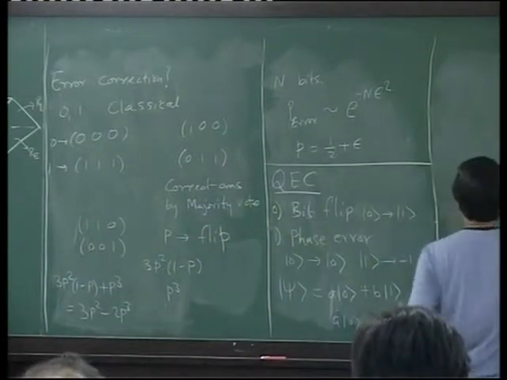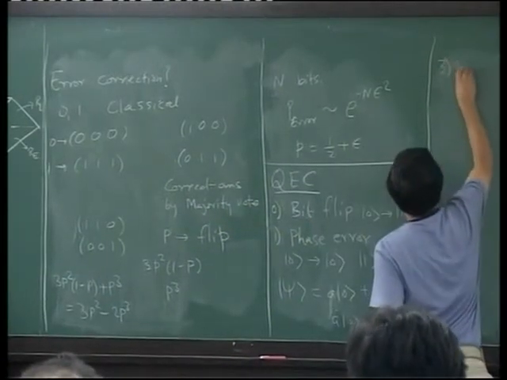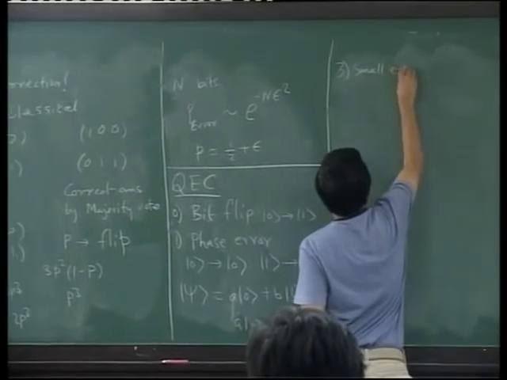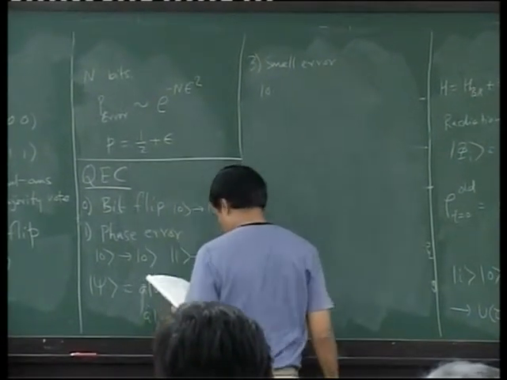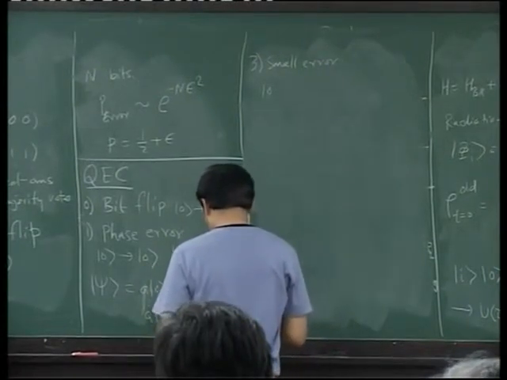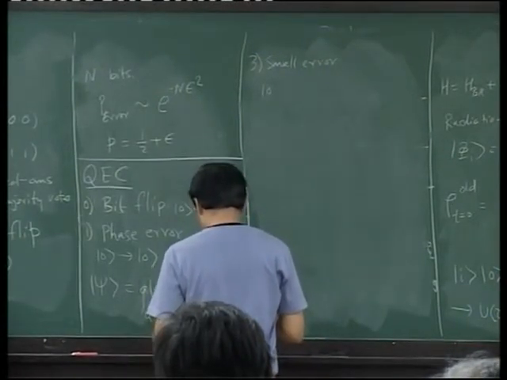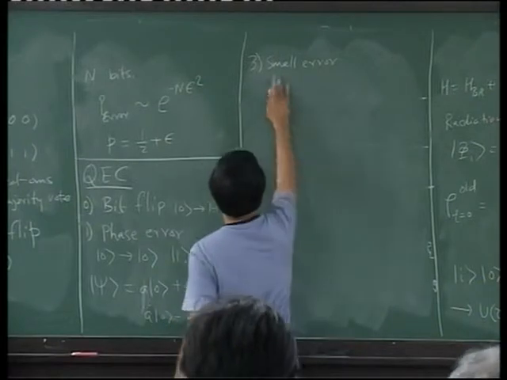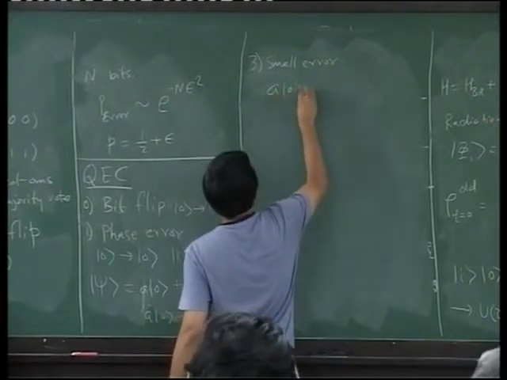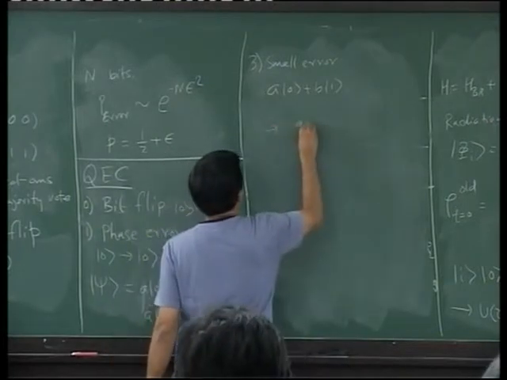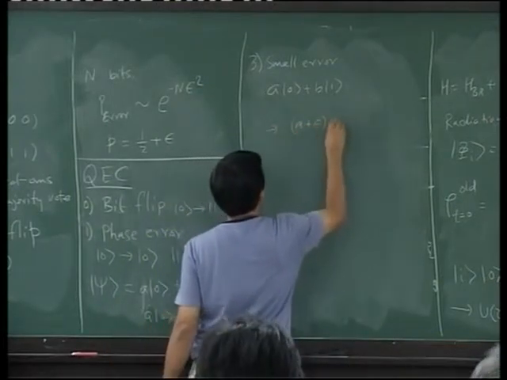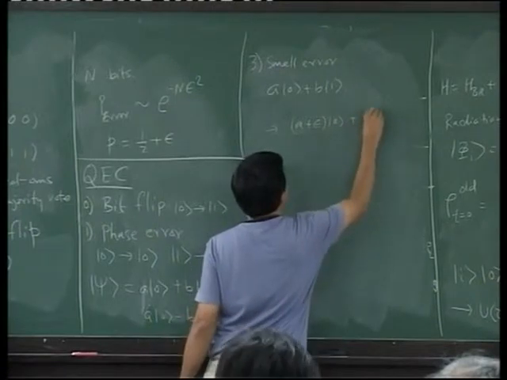Then the third thing that can happen is what is called small error. Namely, you have a times 0 plus b times 1, and that goes to something like a plus epsilon times 0 plus b times 1.